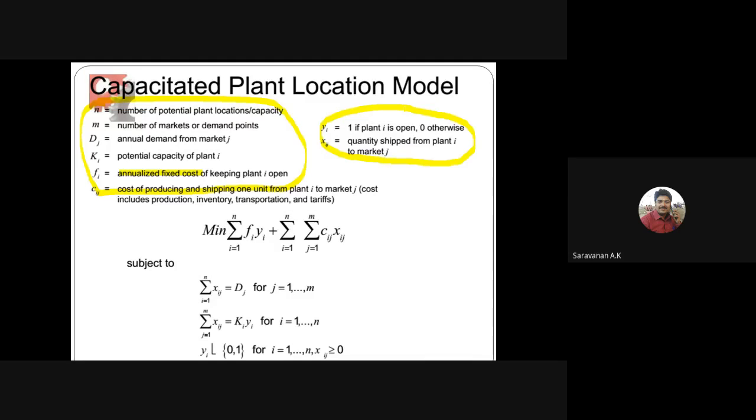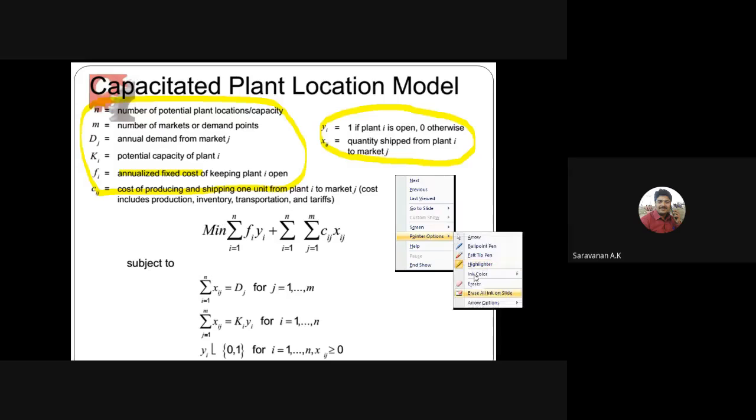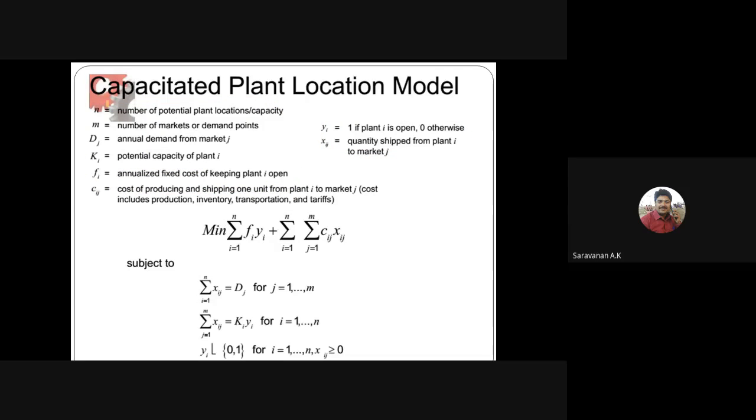So xij is the quantity shipped from the plant to the market. These are the inputs, and these two are the decision variables.